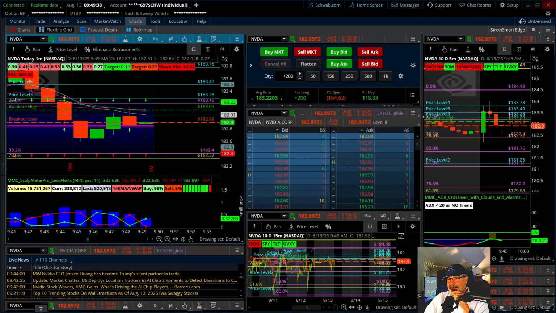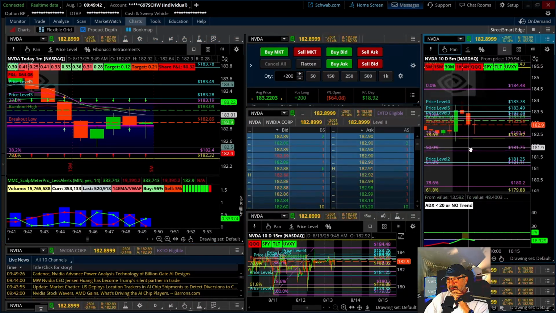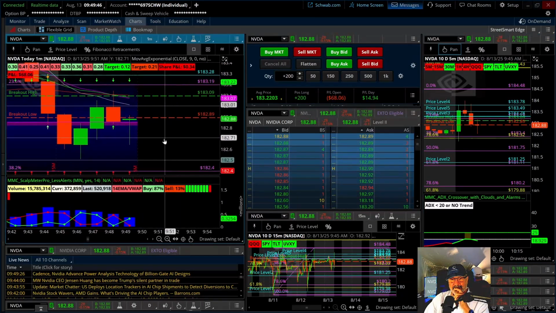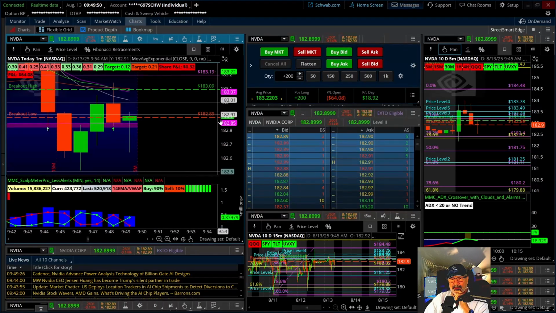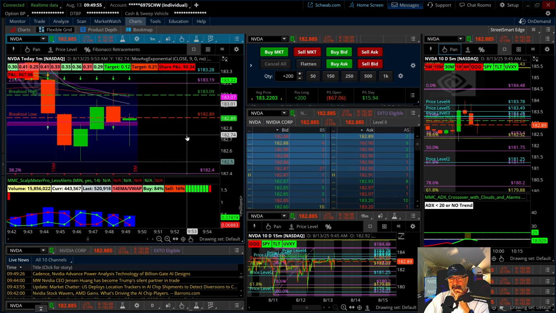Waiting out the move. We got this one, guys. Just wait out the move. We're going to be okay. This is a good pattern here if it closes green.